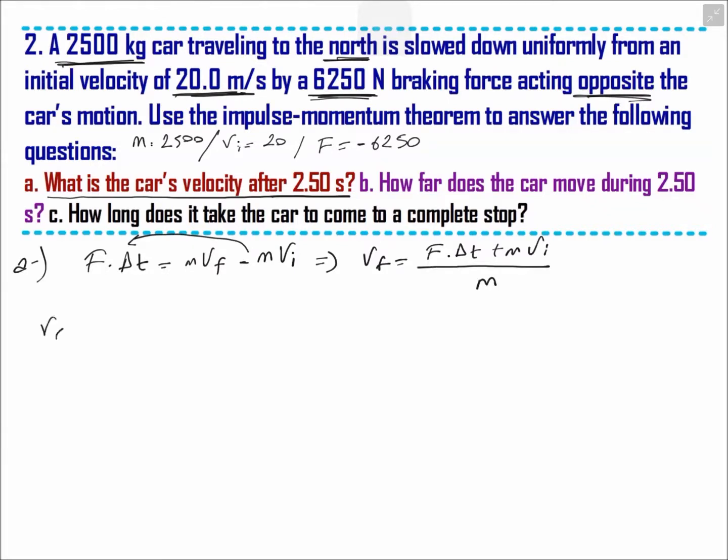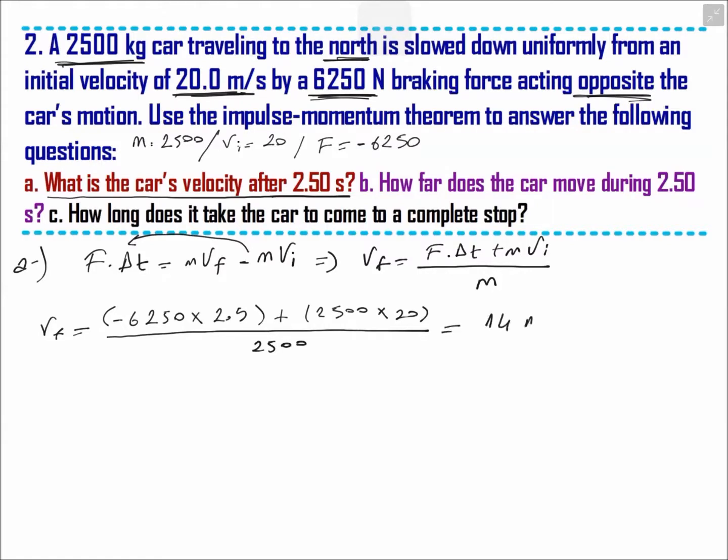So v final is (negative 6250 times delta t, which is given in A as 2.5, plus the mass 2500 times the initial velocity 20) over m, which is again 2500. So the result will be 14 meters per second, to the north.